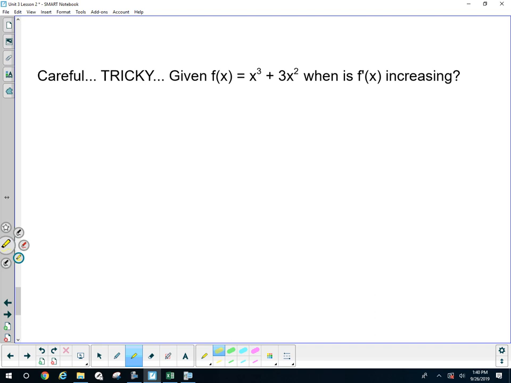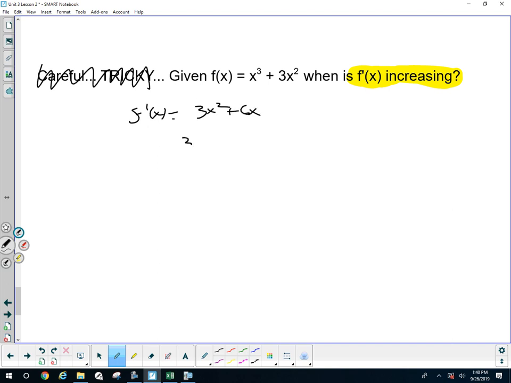So it's asking us when f prime is increasing. Now, if I gave you this problem without the careful, tricky part, and if you weren't reading carefully, this is what all of you would do. Maybe one or two of you would not. You would take the derivative, 3x squared plus 6x. You would factor. You'd set that equal to 0. You do 0, negative 2.